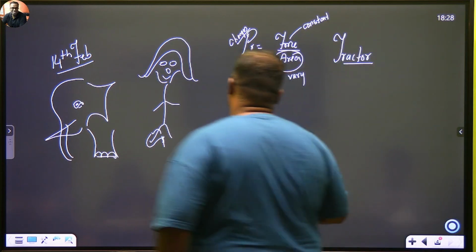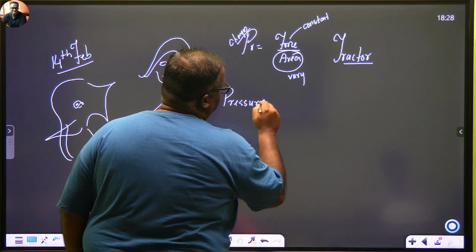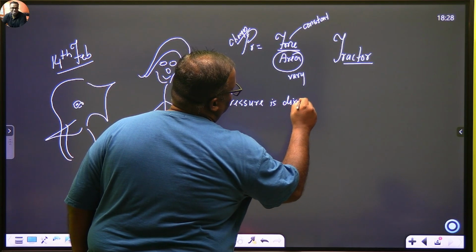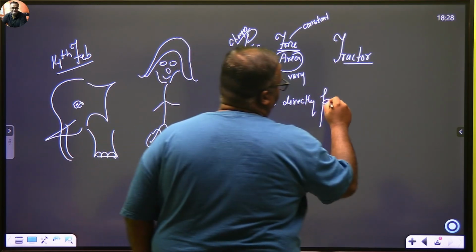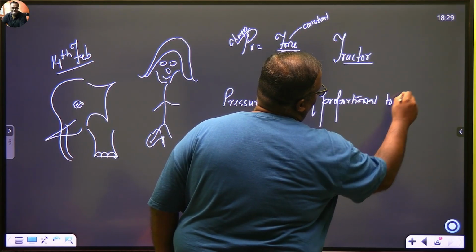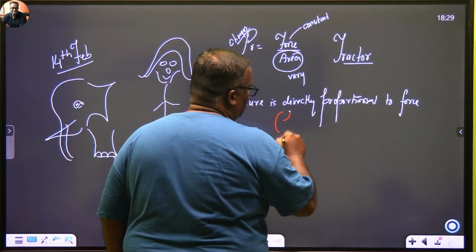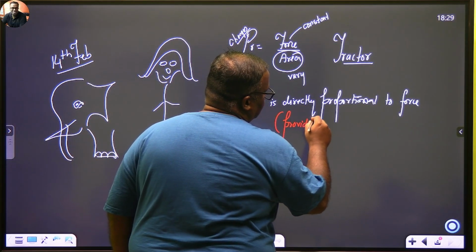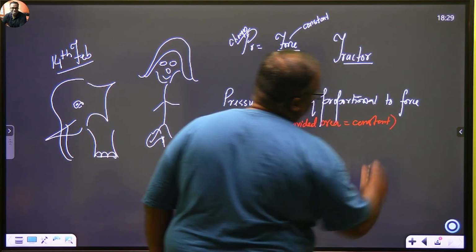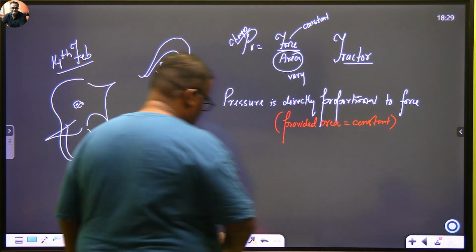We'll write like this: pressure is directly proportional, and this you will understand when you do the proportion chapter, directly proportional to force. But don't forget to write the condition, provided area is kept constant. Have you understood? Pressure is directly proportional to force, provided area is kept constant.